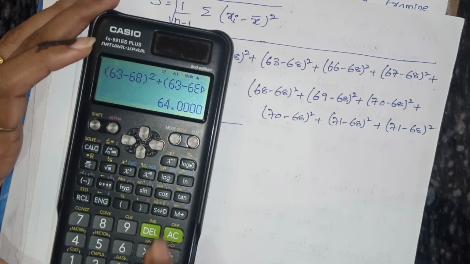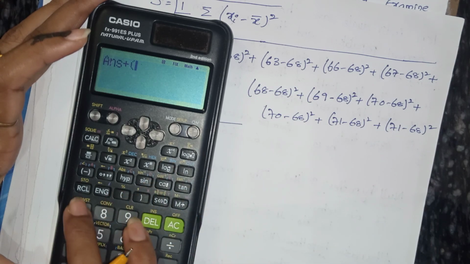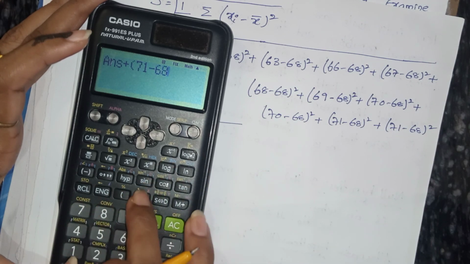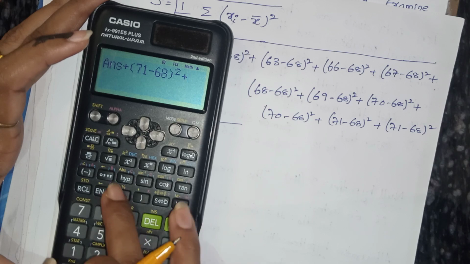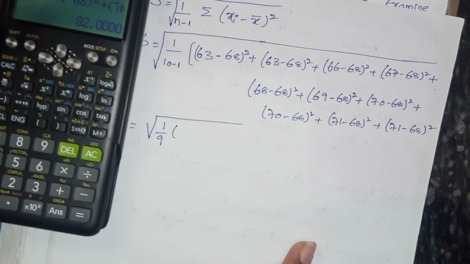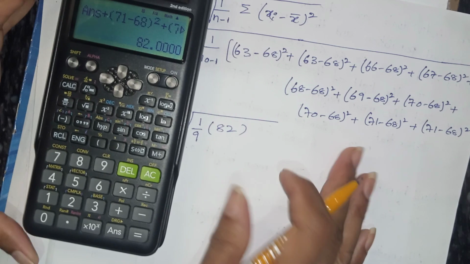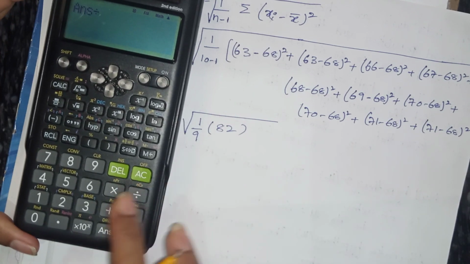So equals to, plus again 71 minus 68 whole square plus 71 minus 68 whole square. So that equals to 82. So 82 we got. So 82 divided by 9.